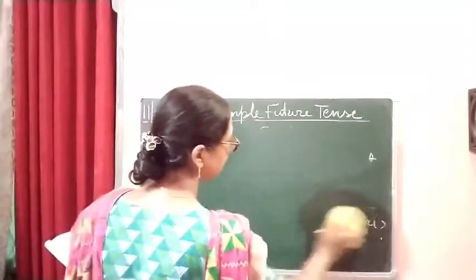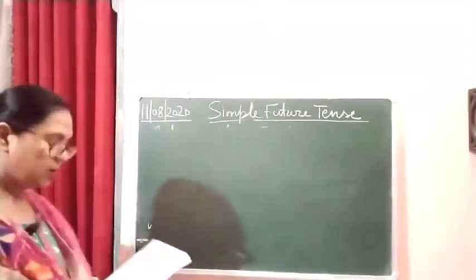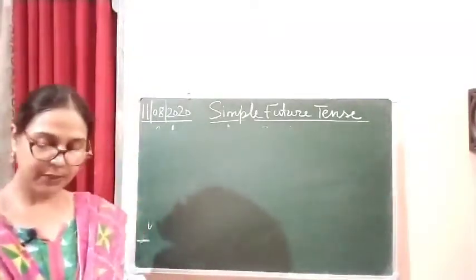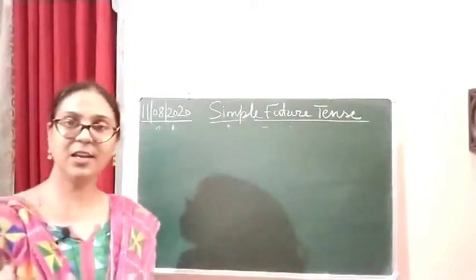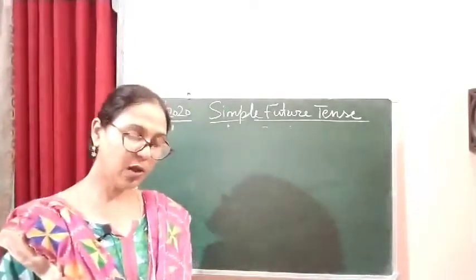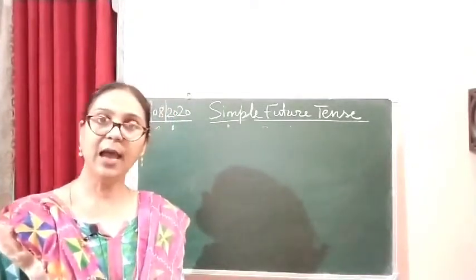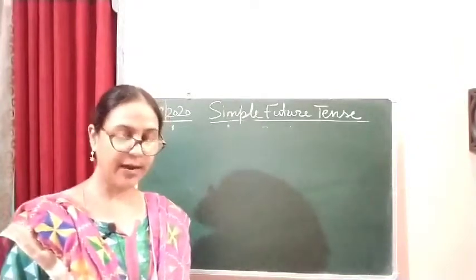This exercise you can find on page number 79. So all of you children, take out your Mastering Grammar book, page number 79, and we are going to solve exercise number B. A we have already completed yesterday.